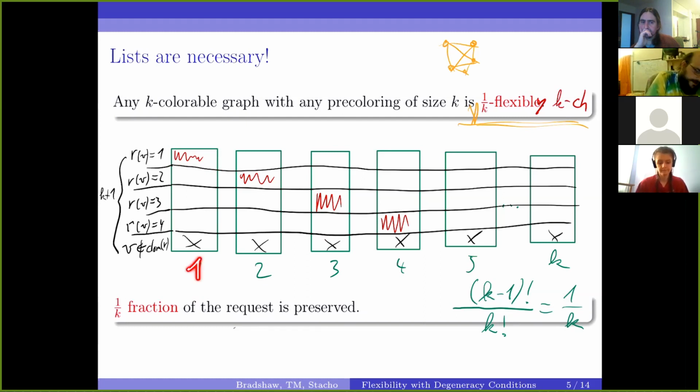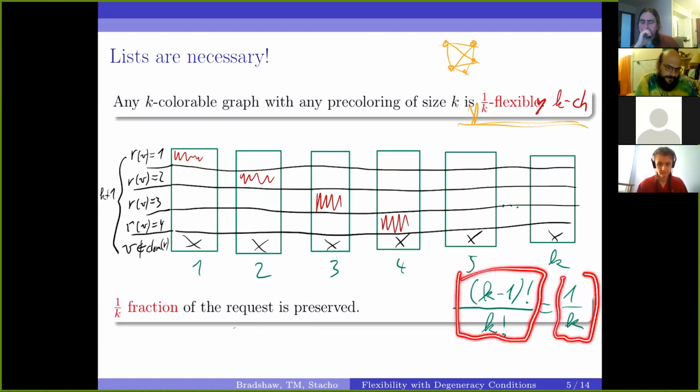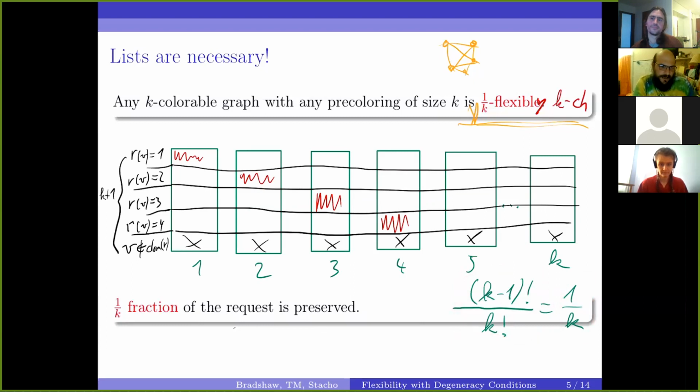As long as the first independent set gets color 1, then all other permutations are good from the point of view of this small box. If you compare those fractions, you will get the 1 over k fraction, and then by pigeonhole principle or by some probabilistic argument like expectation, you will derive the statement.